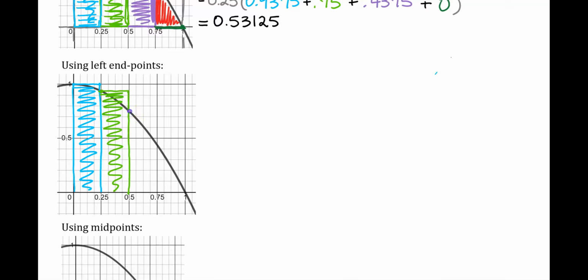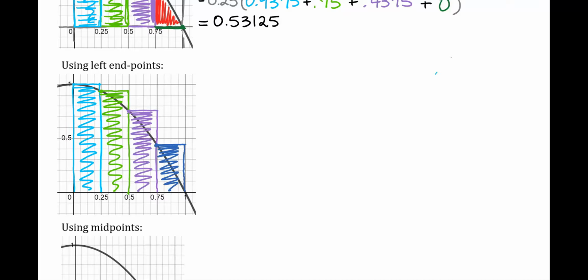The third rectangle touches the graph on the left side with a width of 0.25. This is what our third rectangle looks like. And then finally our fourth rectangle touching at 0.75, with a width of 0.25. This is what our fourth rectangle looks like.